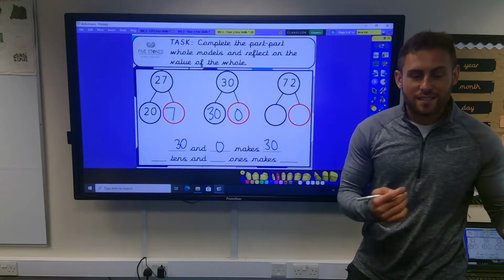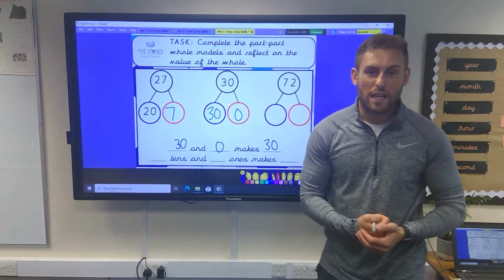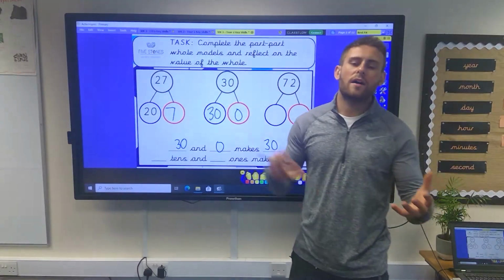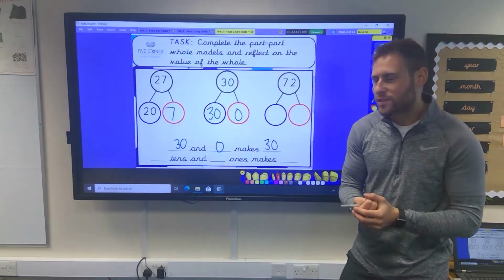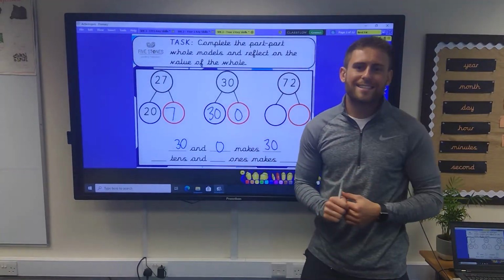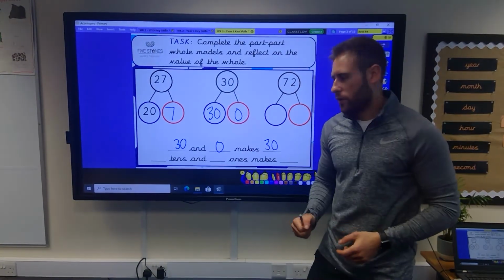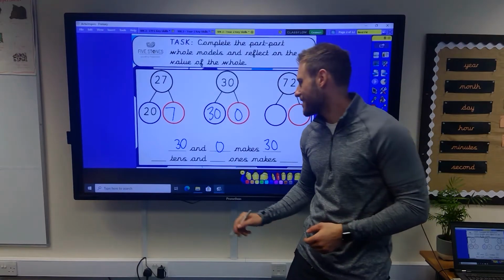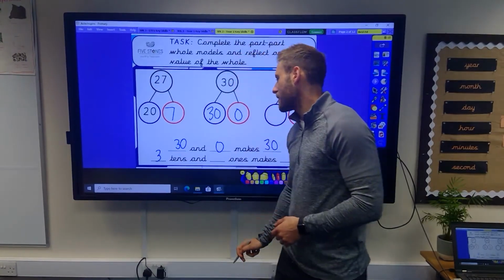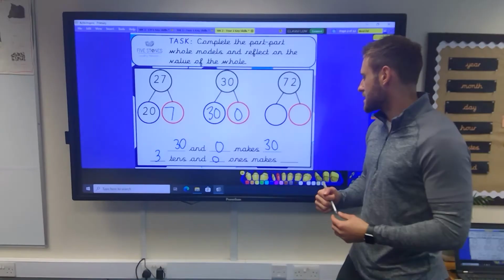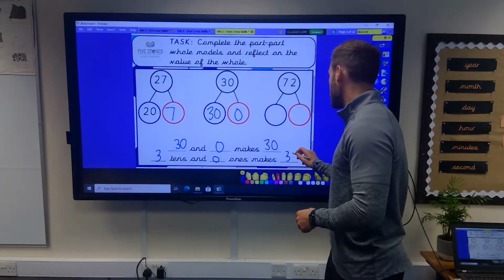Some of you might have decided to split that up into 2 different parts, equal or unequal. You might have had part of 15, part of 15, part of 20, part of 10. They would still be okay. But if we were splitting into tens and ones, we'd have 30 in there and 0 in there, because 30 is 3 tens, lovely, and then we have 0 ones. So 3 tens and 0 ones makes 30.